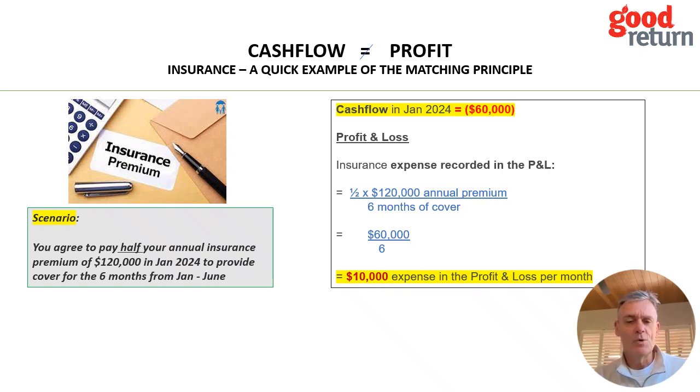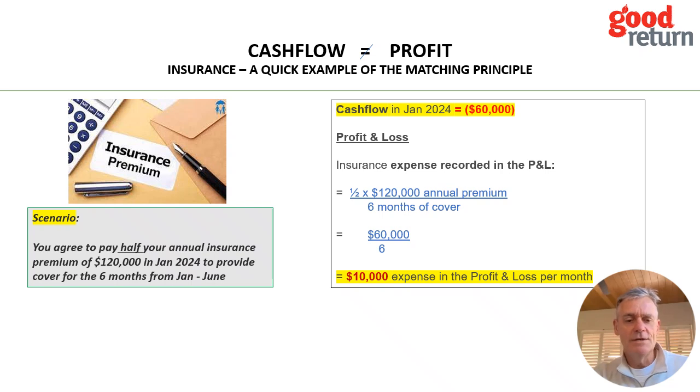But the recording of the expense in the profit and loss more accurately reflects the benefit we get from that payment each month. So in other words, the $60,000 payment has to be spread over the 6 months that we get benefit from the premium. Therefore, 60,000 divided by 6 is 10,000.